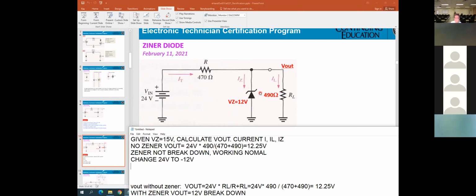It's in forward bias, so it's 0.7. Exactly, but still negative, negative 0.7. Okay. Then you can say the diode is normally working.